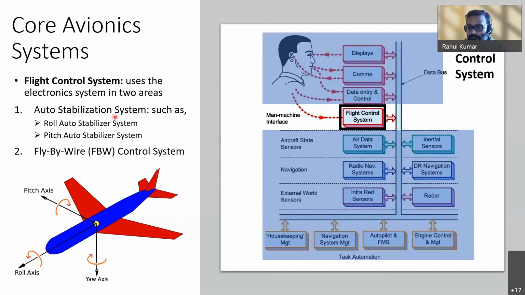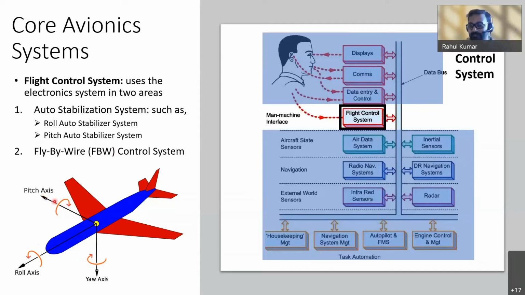Auto stabilization systems such as the roll auto stabilization system damp or suppress the motion about the yaw axis and the roll axis of the aircraft. Similarly, you have the pitch auto stabilizer system, which suppresses the short periodic motion about the pitch axis.